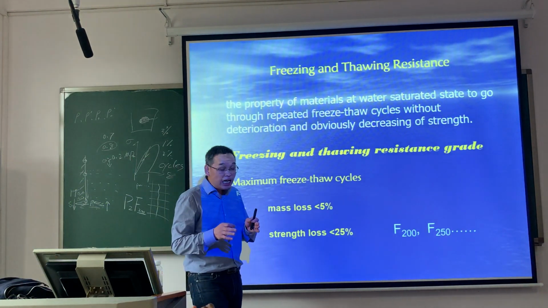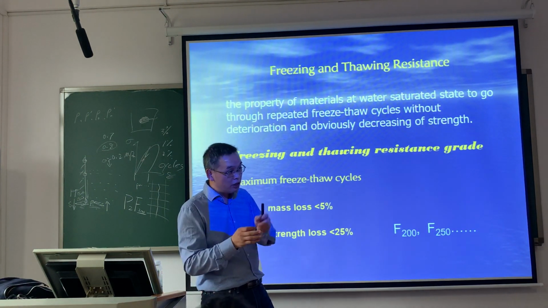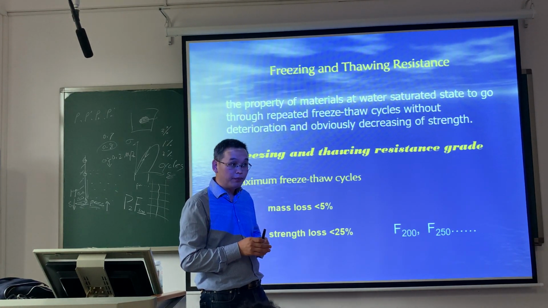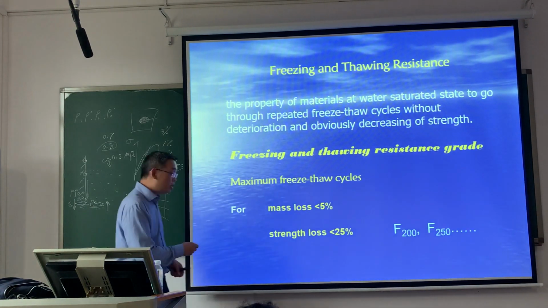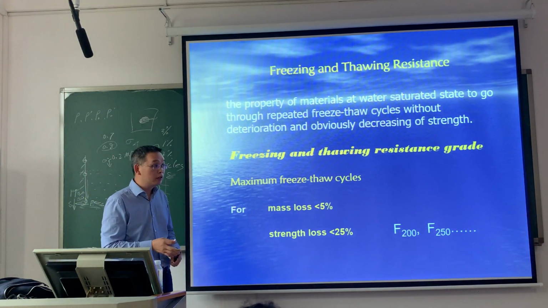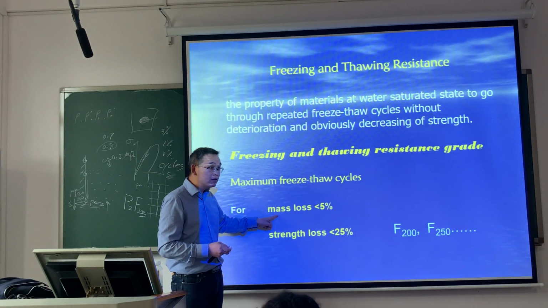It means cycles. Freezing, thawing, one cycle. Freezing, thawing, second cycle. 200 means after 200 cycles, two conditions. First one, the mass.